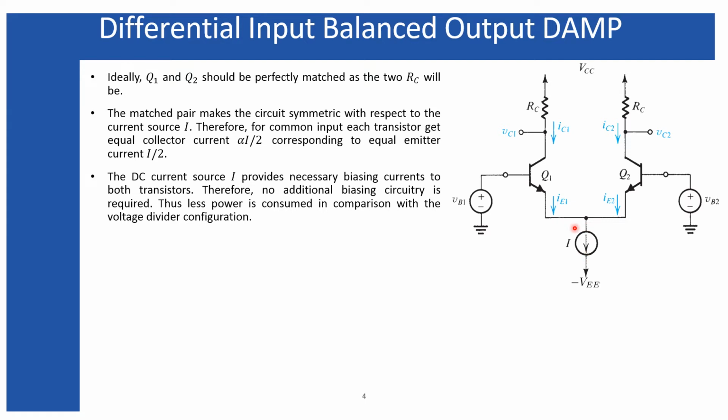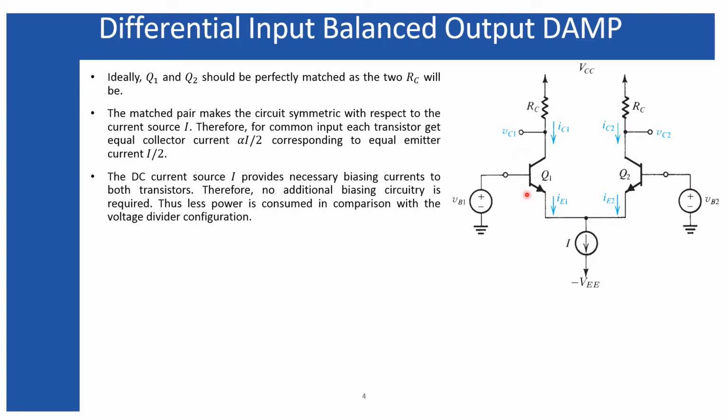And from here, since emitter current is IE1, so the corresponding collector current will be alpha times IE1. So for the DC biasing, when both of their inputs get a common voltage, as I told, each emitter current will get the current I by 2, so their corresponding collector current will be alpha times I by 2.